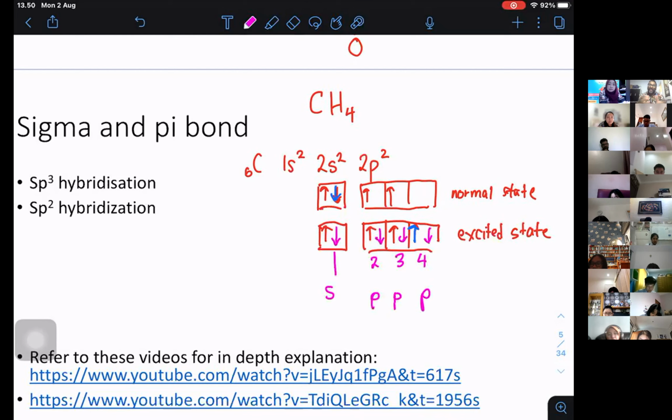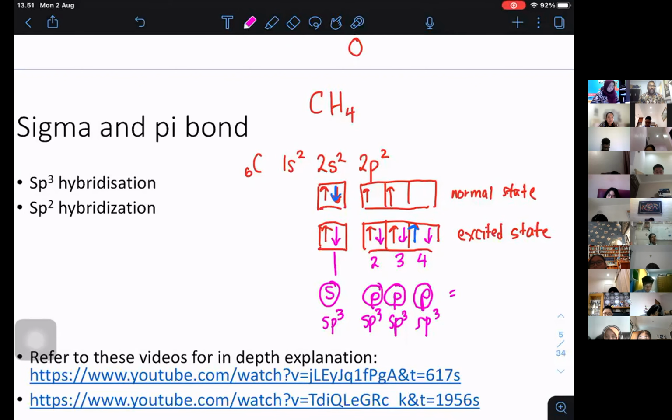They are going to mix, and the mixing of these orbitals is what we call hybridization. So you need 1 s orbital and 3 p orbitals. After they mix, each of them becomes an sp3 orbital. And sp3 has how many orbitals? A total of 4 orbitals. So you need to know about this.